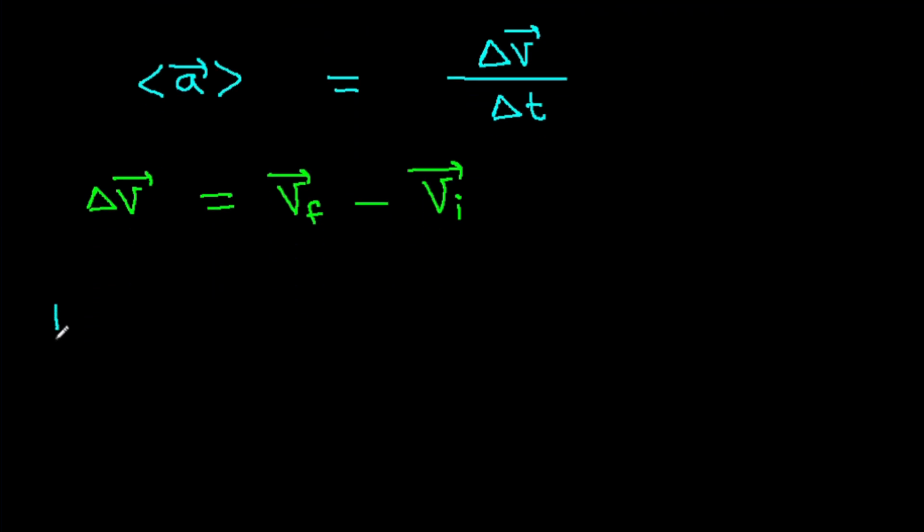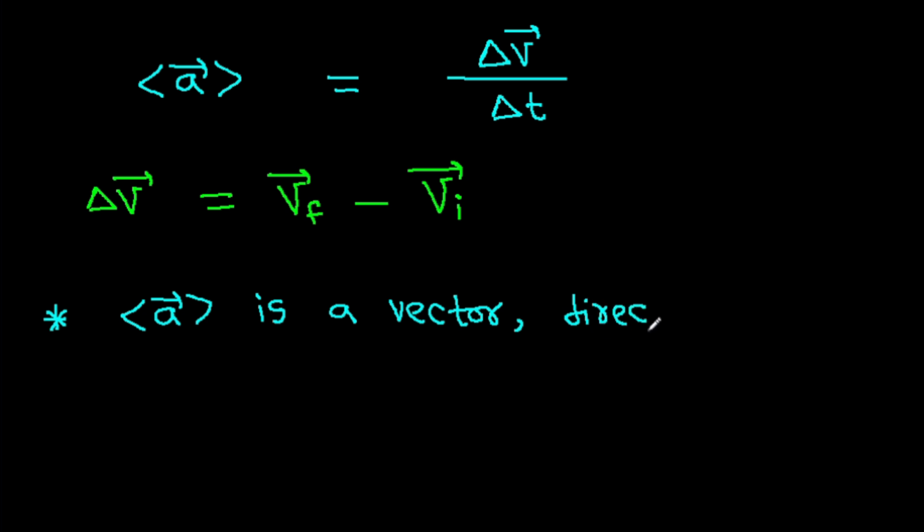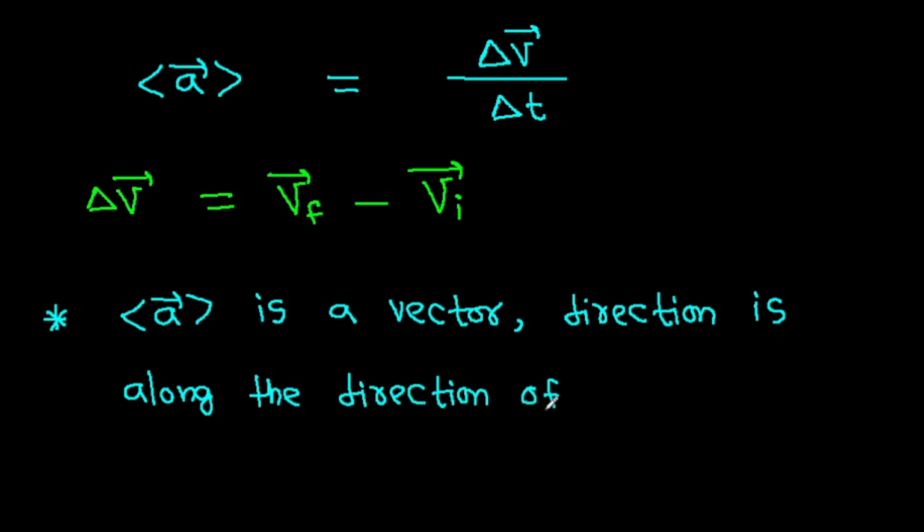And note that average acceleration is a vector and the direction is along the direction of delta v.